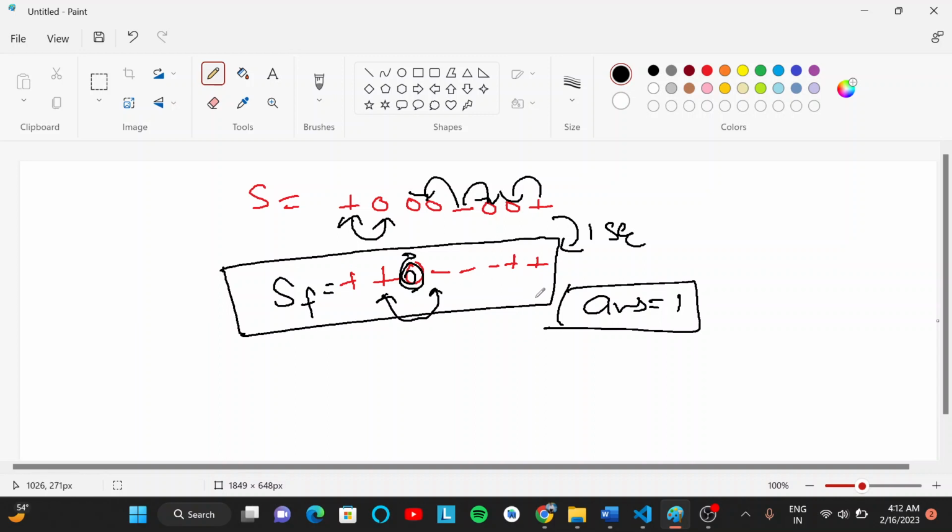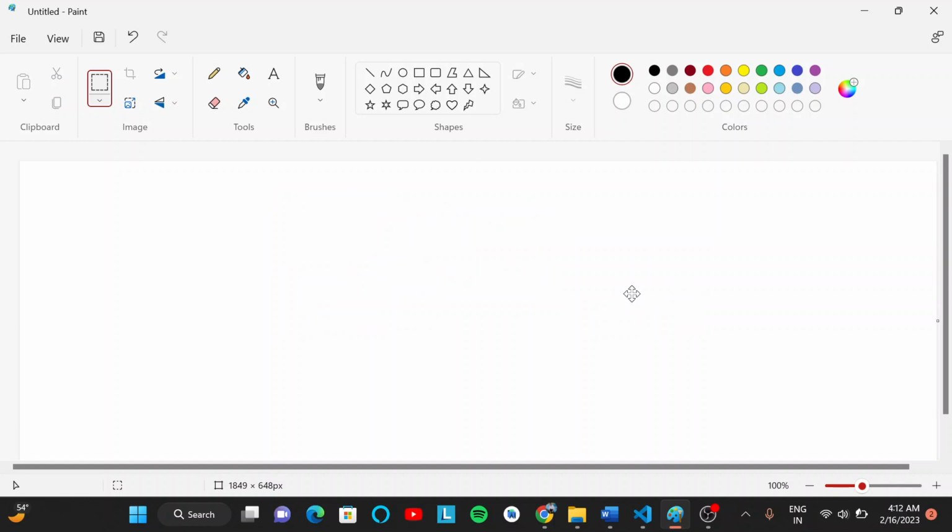So this is basically the question, and we will try to reach the solution or the logic of this problem with the given test cases. The first test case is where the string is given as 2 zeros.